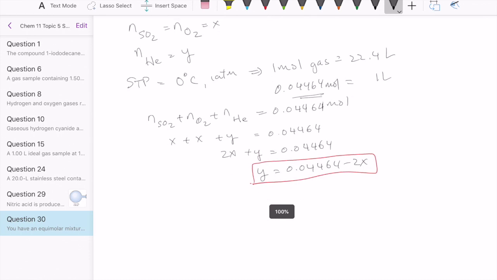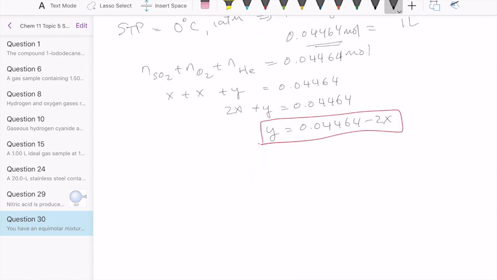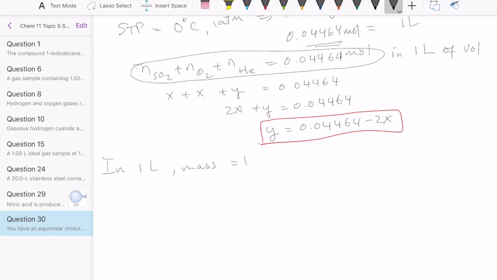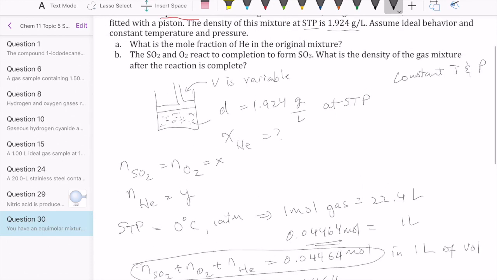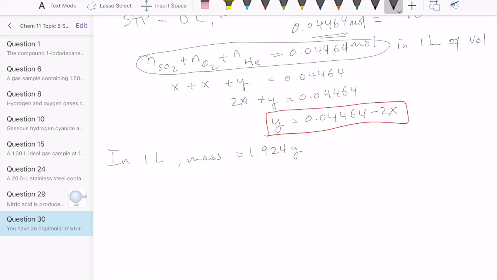The other equation we can use comes from the density. The way we do that is we start with our number of moles equation, and we convert that to mass. This is the number of moles in 1 liter of volume, right? We also know in 1 liter, the mass of the total mixture is 1.924 grams, because that's what the density is. Since the number of moles is made up of these three gases, I can multiply each number of moles by its molar mass, and that will give me the mass.